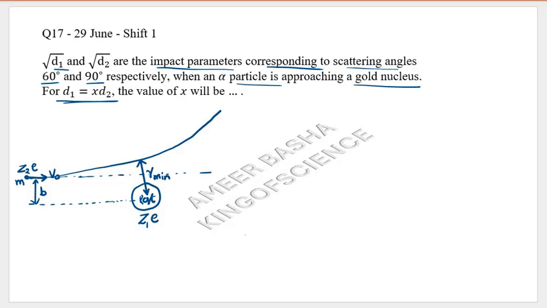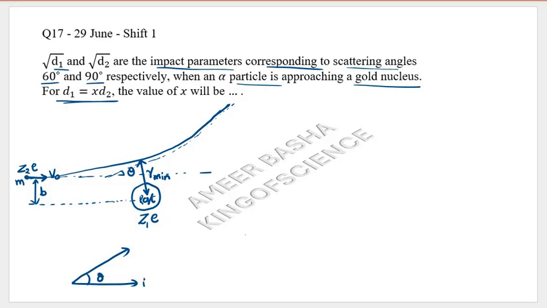Then it goes on like this. If I draw a tangent to this trajectory, showing how it finally goes, it makes an angle theta with the initial direction. So this is the initial direction, this is the final direction, and this is the angle theta.